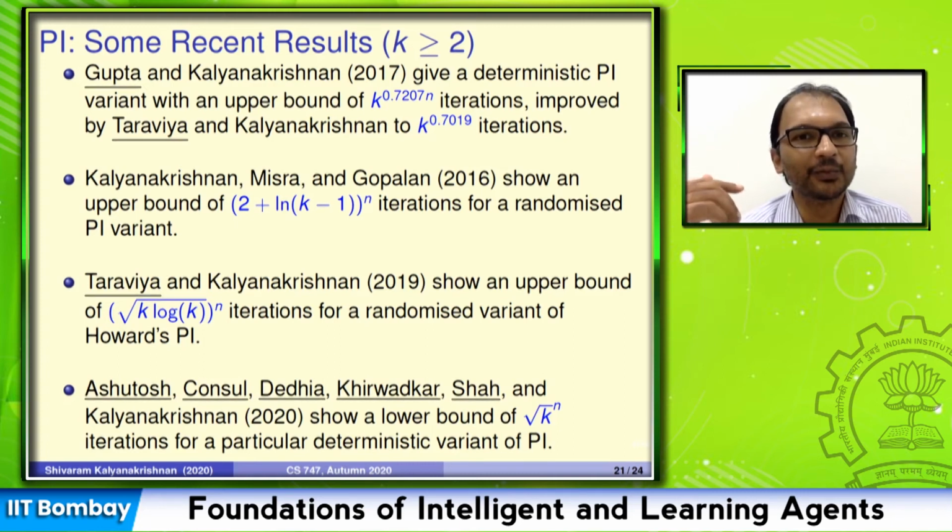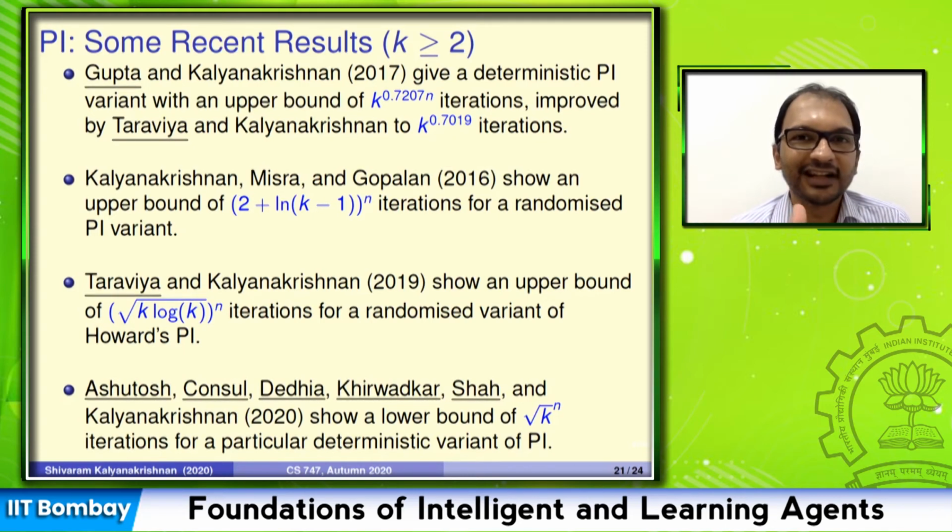So imagine doing Howard in the sense that every improvable state you will improve, but if you have a choice, you pick an improving action uniformly at random amongst the options available. If you do that, we've shown some analysis establishing that Howard's policy iteration will take at most square root of k log k raised to the n iterations. That's a fairly big improvement from k to the n over n.